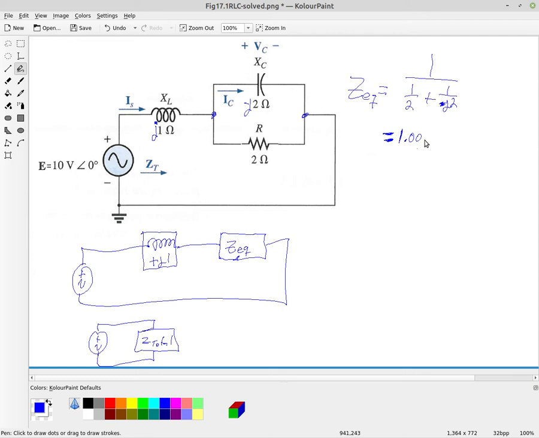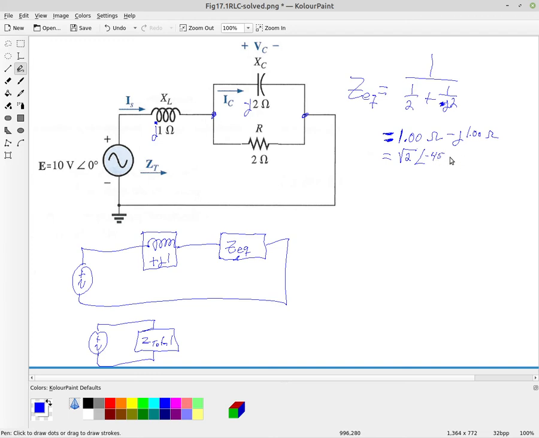Okay. So if we're going to put it in Blackboard, it'd be like 1.00 ohms minus J 1.00 ohms. That's the rectangular form, and if we wanted to put it in the polar form, it would actually be the square root of 2 at an angle of minus 45 degrees.